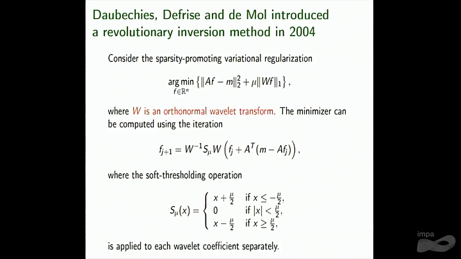And as we saw on Tuesday, the soft thresholding is putting all wavelet coefficients smaller than mu over 2 to 0. And the soft here means these two extra terms that make this operation a continuous function from the real line to the real line.